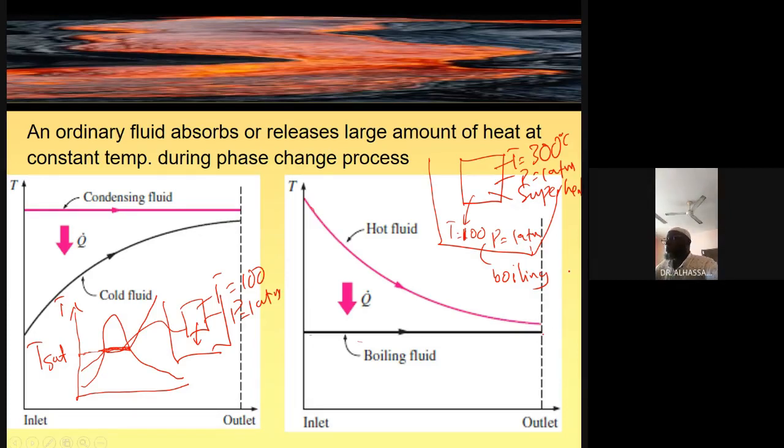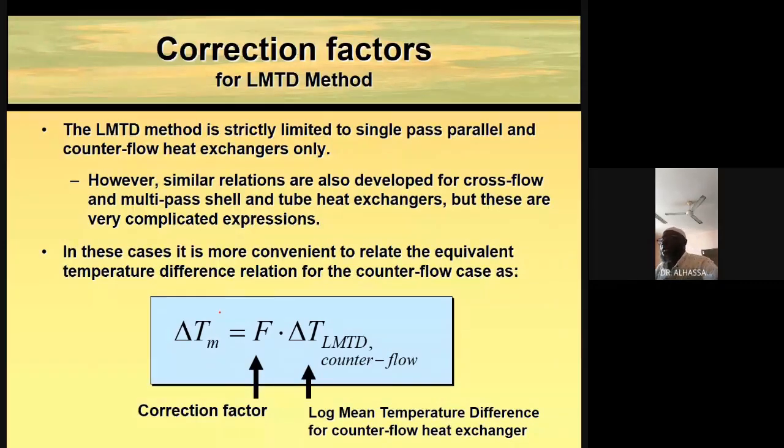Okay? So now let us see this equation where we have Q equals UA delta T_m. We have recognized that this is applicable for a situation where Cp cold is not equal to Cp hot.